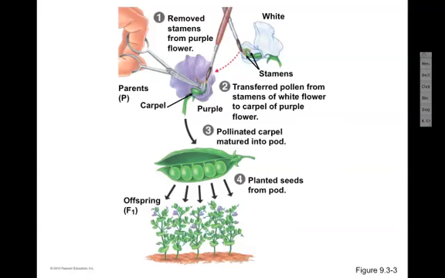So what he did is he went over to the white flowers, and he has a little brush there. That's what that picture is on the right, right above the number 2. He brushed, got pieces of the pollen, went over to the purple flower, and he brushed the pollen from the white plant onto the female part of the purple plant. So in turn, he was transferring the pollen from the white to the purple.